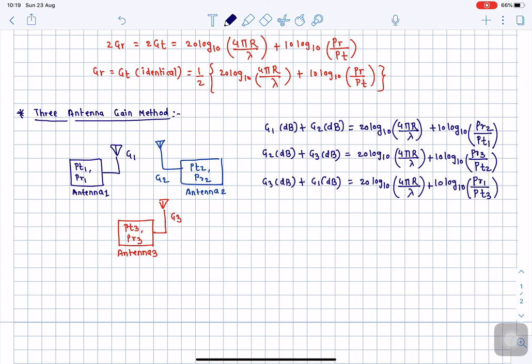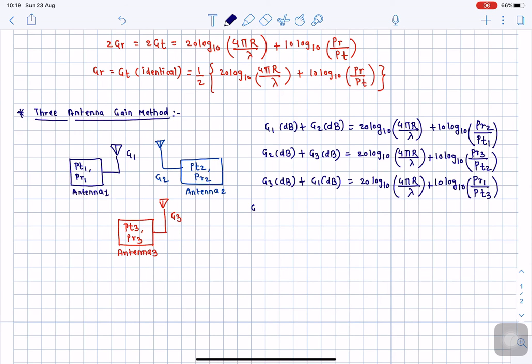Okay, so what we get are three equations: G1 plus G2 with a certain value x, call this equation number 1. Similarly we get G2 plus G3 with a certain value y, call this equation number 2. And similarly G3 plus G1 will give a certain value z. Now here we have three equations with three unknowns on the left hand side.